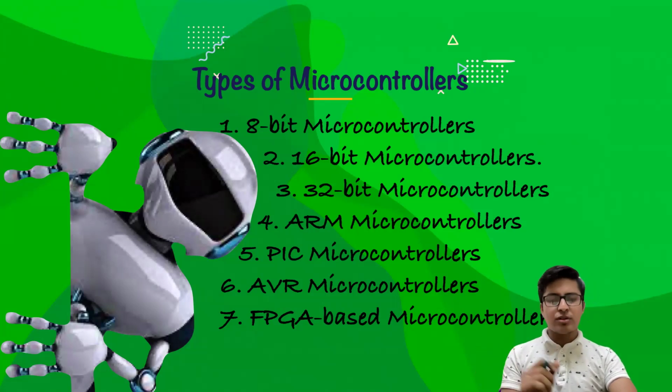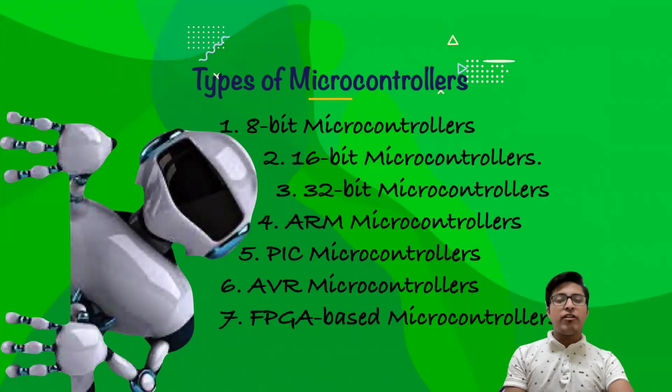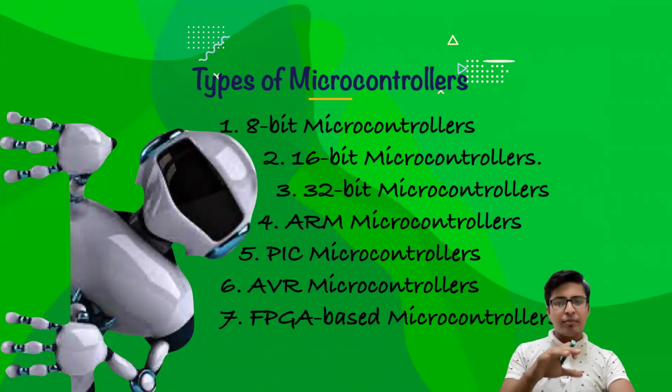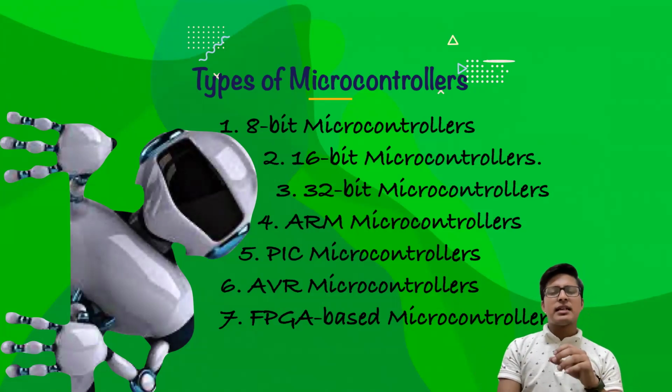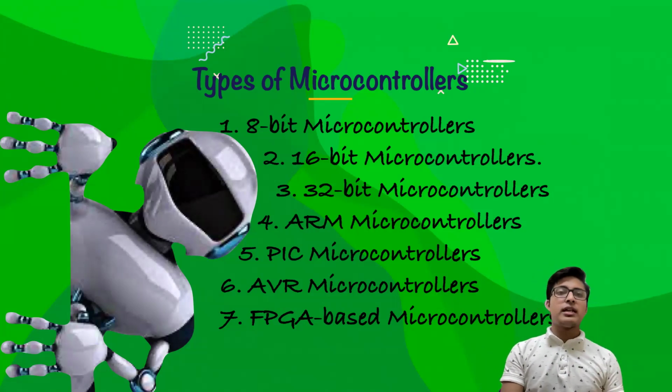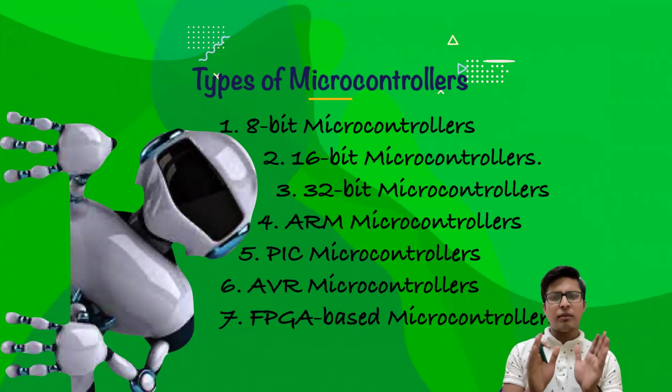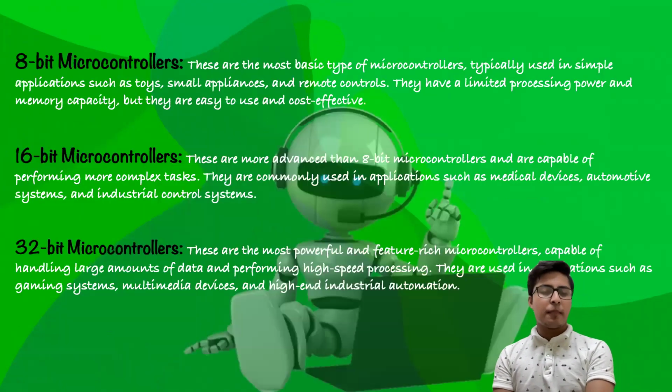Number five, PIC microcontrollers. Number six, AVR microcontrollers. Number seven, FPGA-based microcontrollers. What are they? We'll get into them in a very lucid manner so that everybody can have a basic understanding of what kinds of microcontrollers there are and how to distinguish between them. That's all my purpose for this session. Okay, let us move ahead.